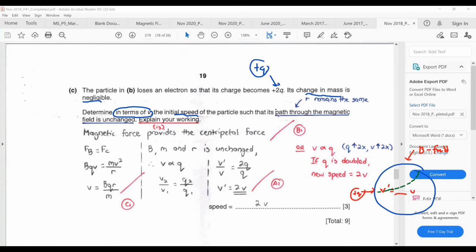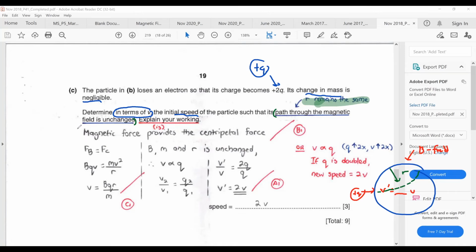The path through the magnetic field is unchanged, which is implying to you that your R must be the same. Okay, so there are a few things you can just deduce from there.